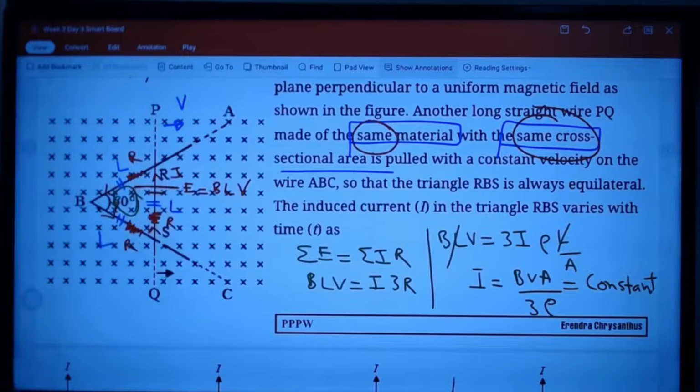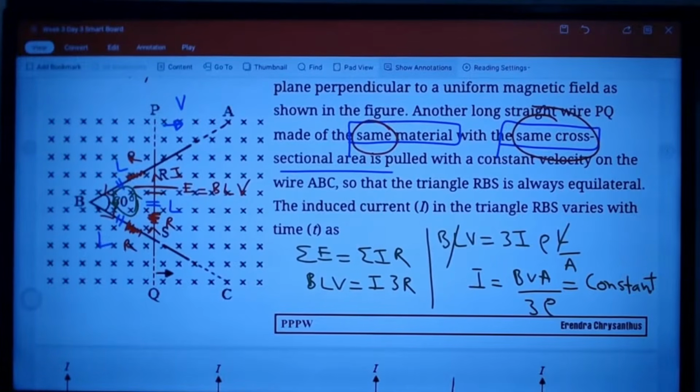By applying Fleming's right hand rule, we can find the current passing through the circuit.